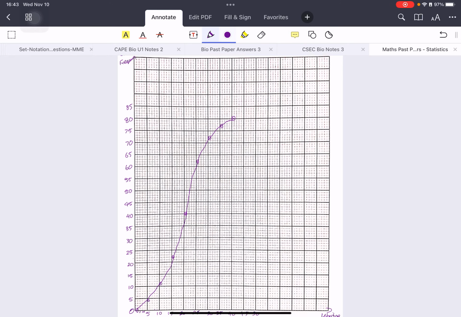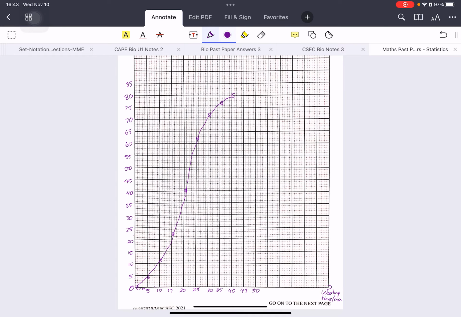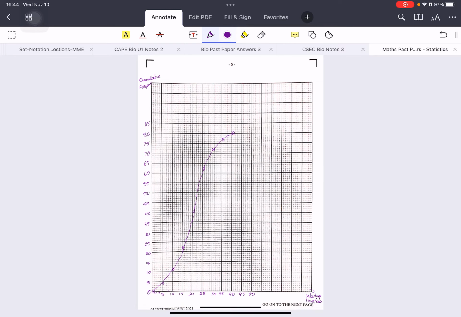However, we would not have gotten full marks for this graph if we drew it correctly like this. Do you know why? We forgot to put in our scale, right? Whenever you are doing a graph, no matter what subject it is, somewhere on top here you need to write your scale. Okay, so our vertical axis, we said 1 centimeter represents 5 students, right?